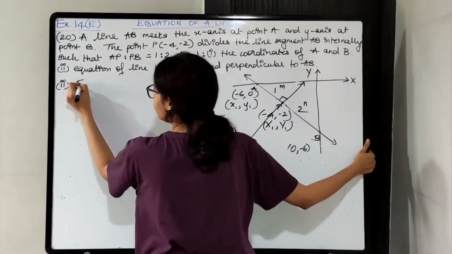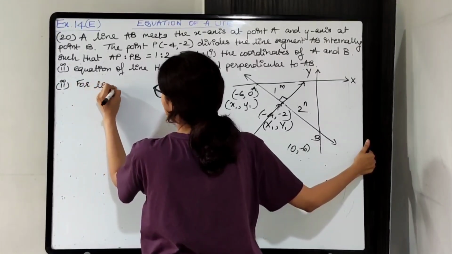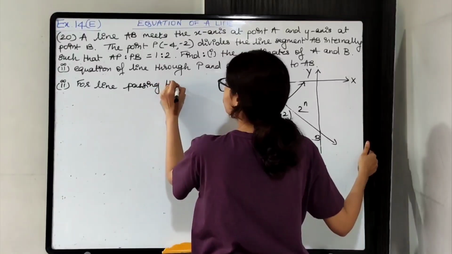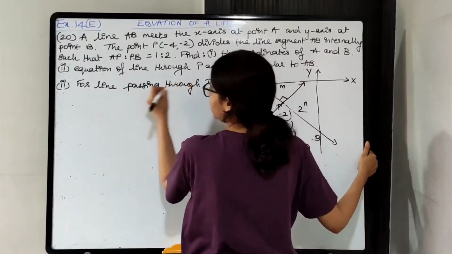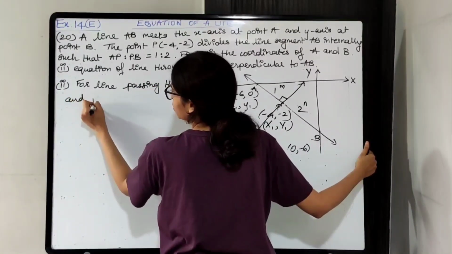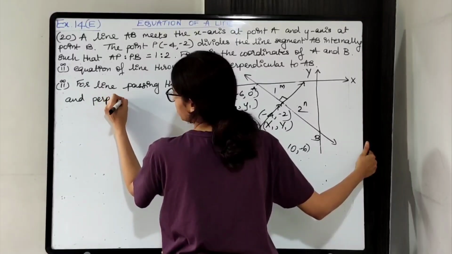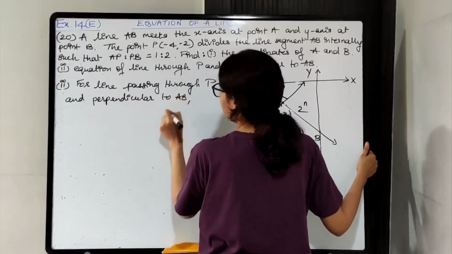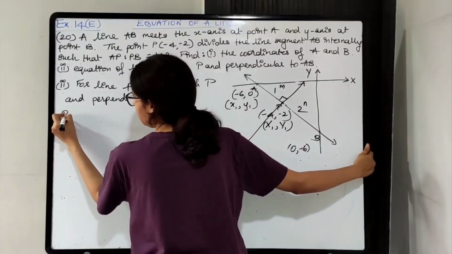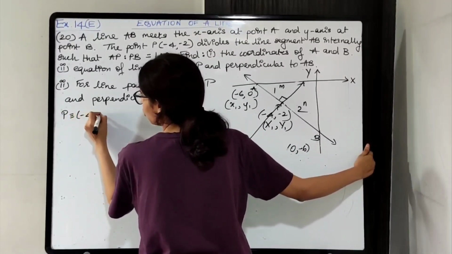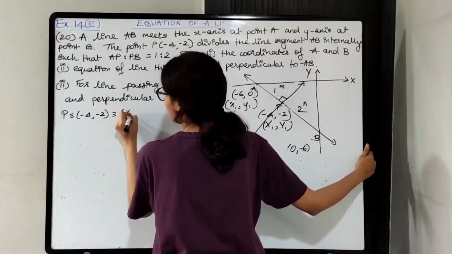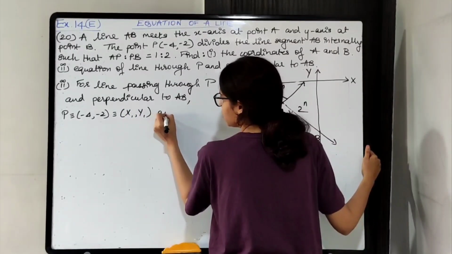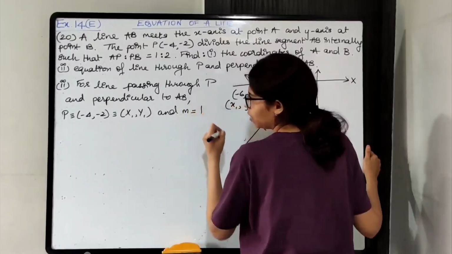Okay. So write down for line passing through P and perpendicular to AB. P's coordinates are minus 4 comma minus 2, which we are taking as capital X1, capital Y1, and the slope we just got is 1.